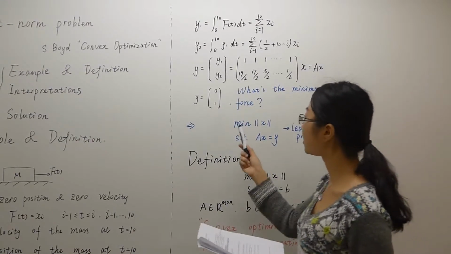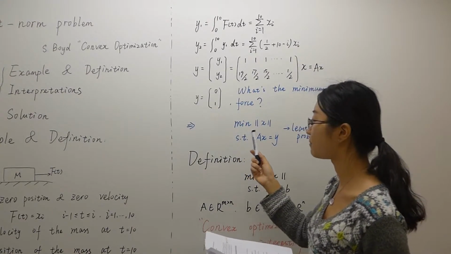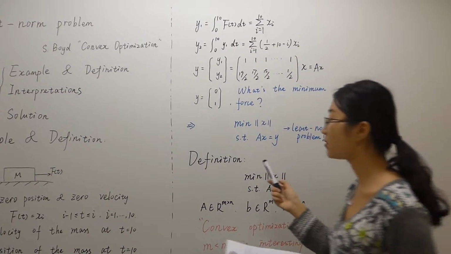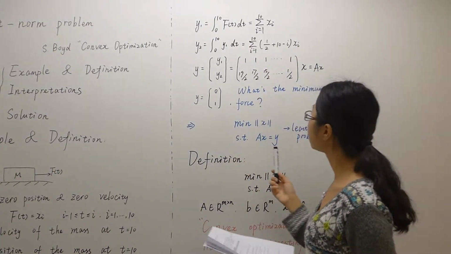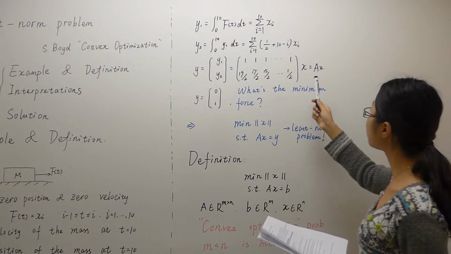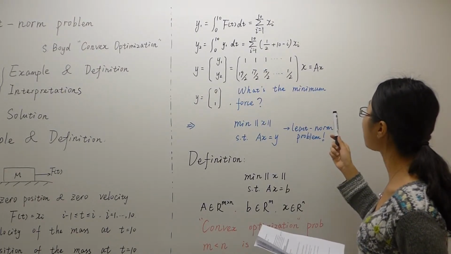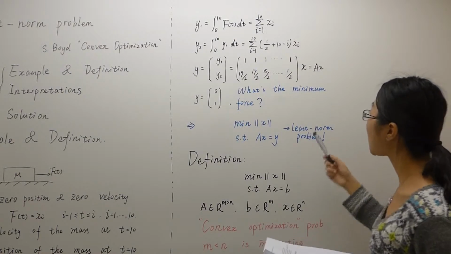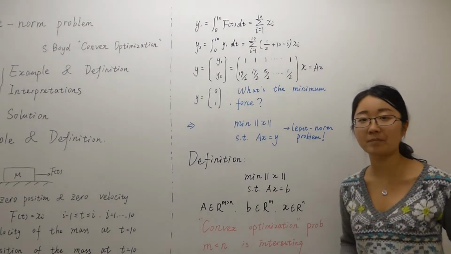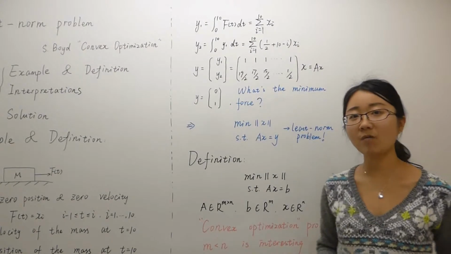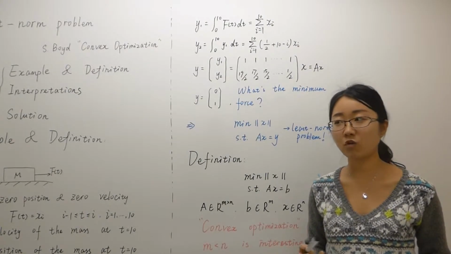Now we suppose the final velocity of the mass is 0 and the final position is 1. Since the number of equations is less than the number of unknowns, we will have a lot of solutions to this problem. And now our problem is to find the minimum force.